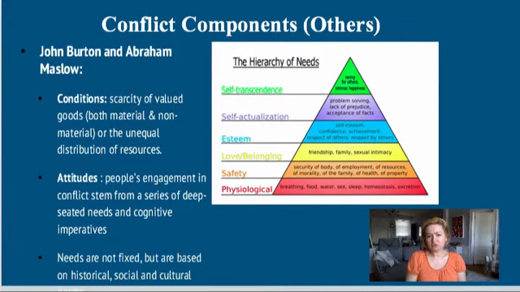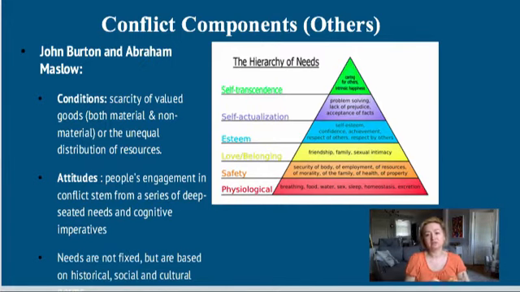It is important to mention that needs are not fixed, but they are based on historical, social, and cultural norms. So let's have a look at this pyramid of needs. You will see that there is a hierarchy of needs, which means that there are some needs that are basic, such as physiological needs.